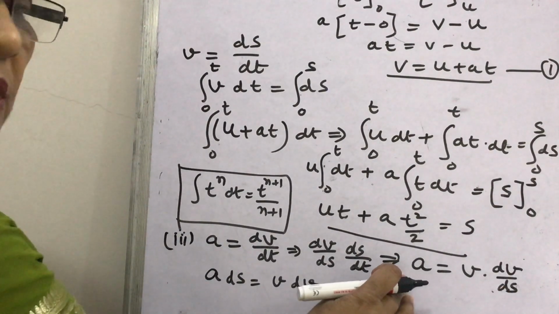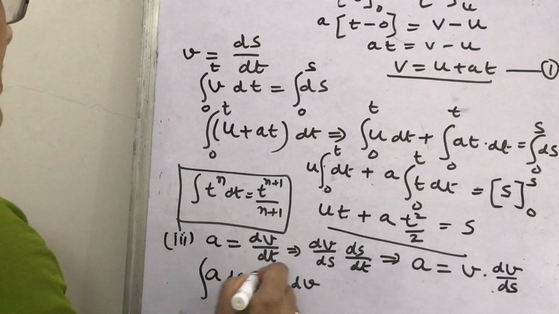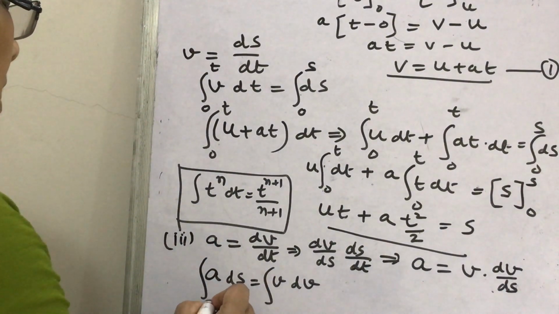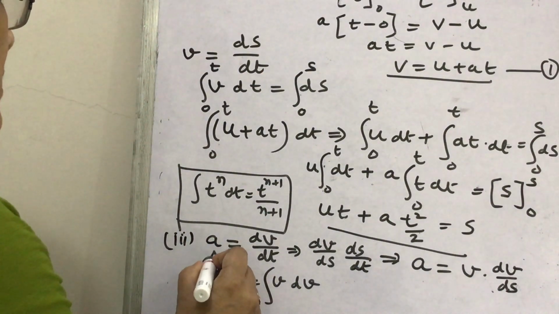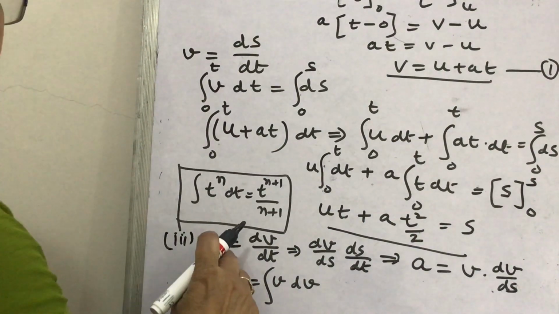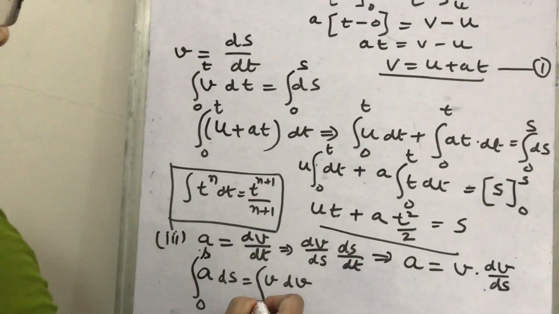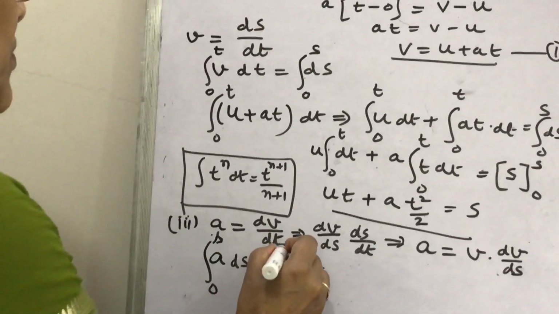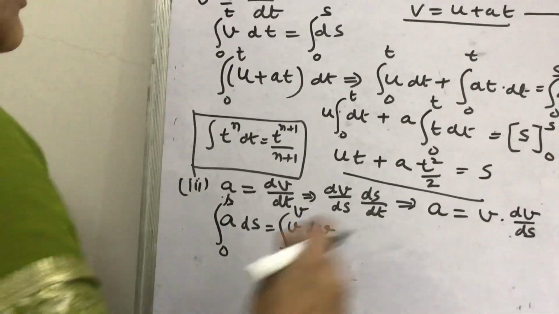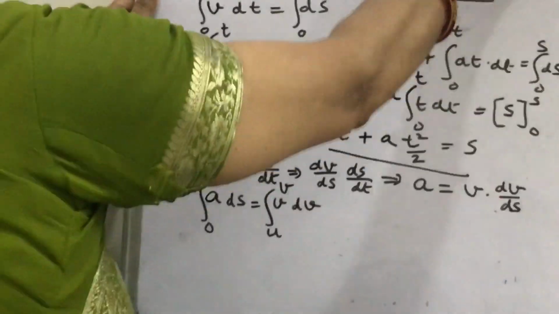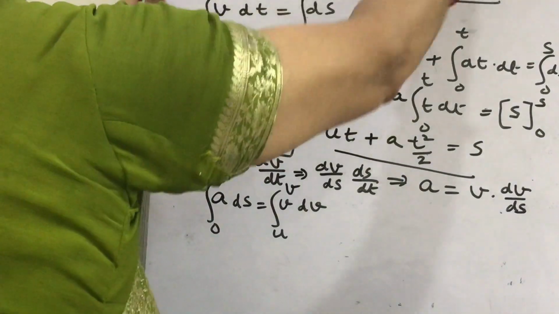Bring ds on this side, integrate both sides. From the beginning to s distance, put the limits 0 to s, and here from initial velocity u to final velocity v. So in this way you will find the third equation.